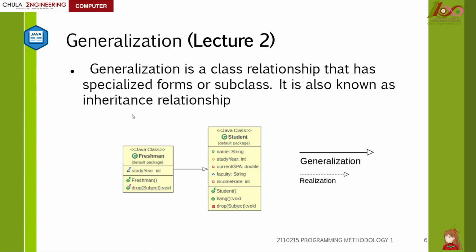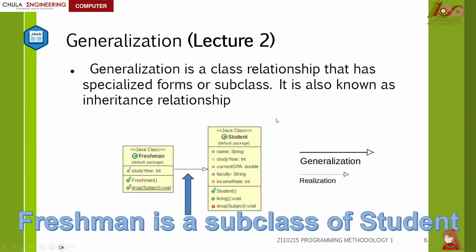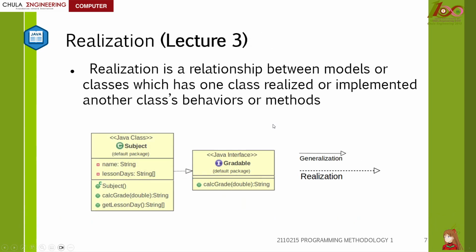Generalization is also known as inheritance. Okay? So, another one is realization. That is the implement relationship it uses with an interface.